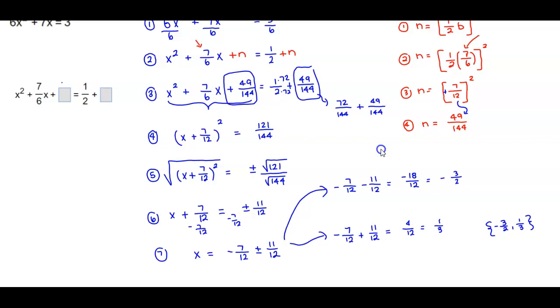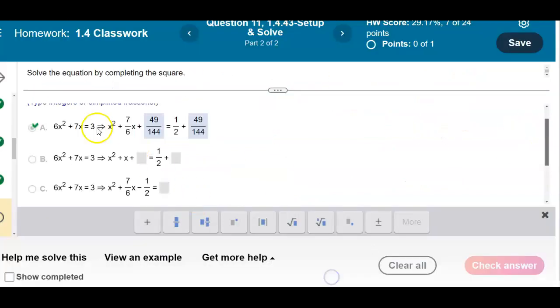So over here we're putting 49 over 144, and this is also 49 over 144, and that represents the next step from step 2 to step 3. That's why we're choosing A and putting in the value 49 over 144.